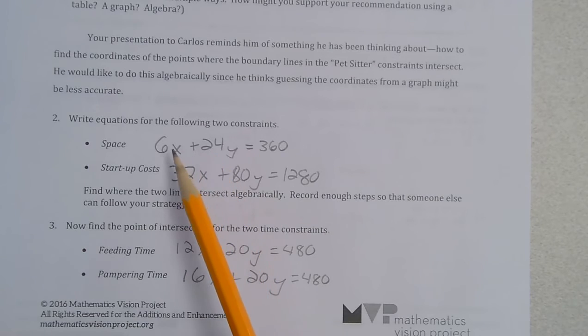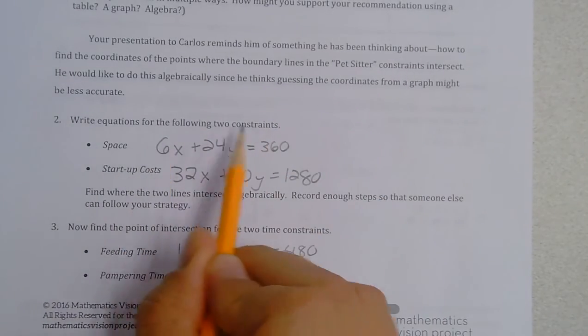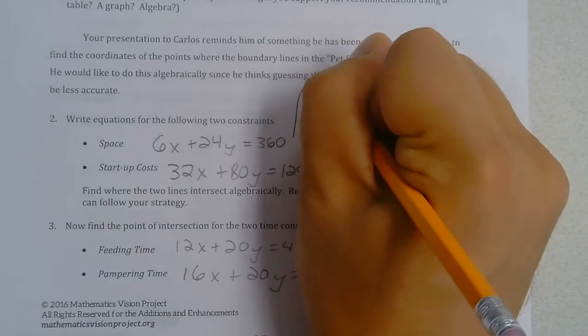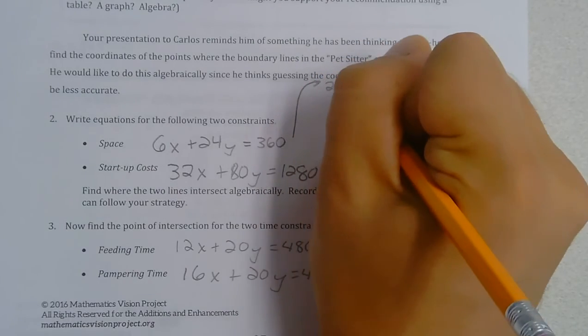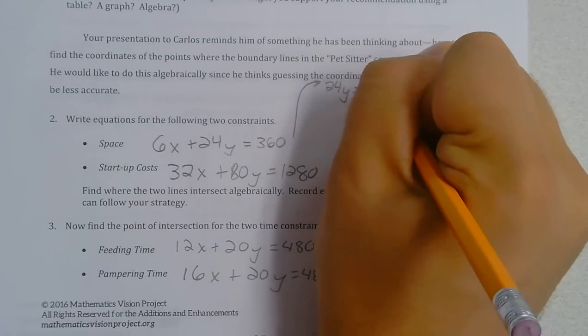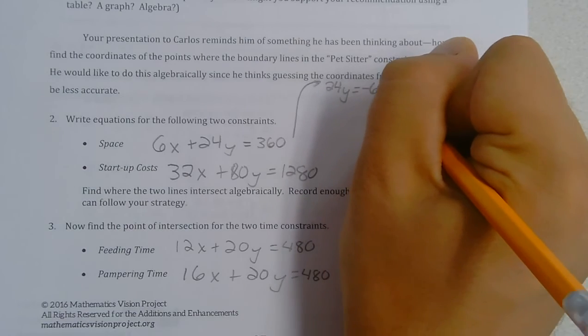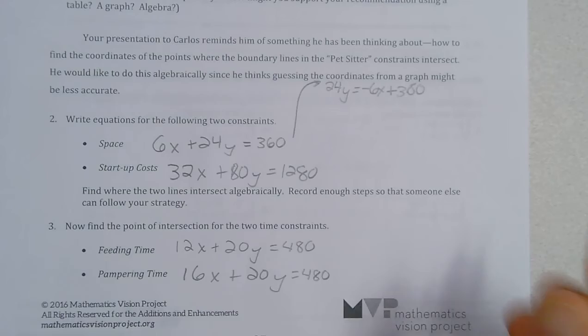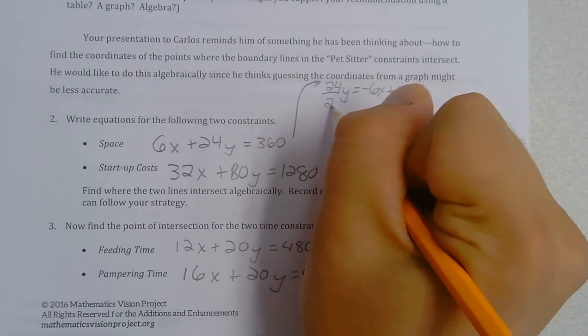For step one here, we need to solve this equation for y. So here, I'm going to move 6x over to the other side. So we have 24y equals negative 6x plus 360. And then I'm going to divide both sides by 24.